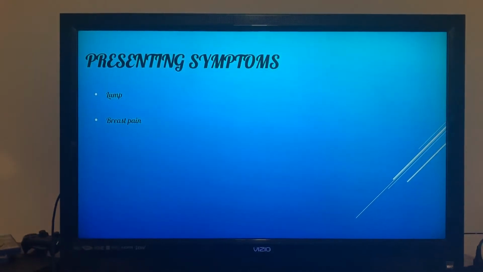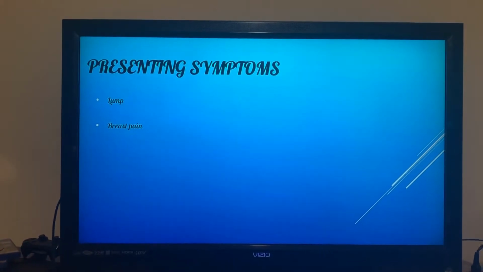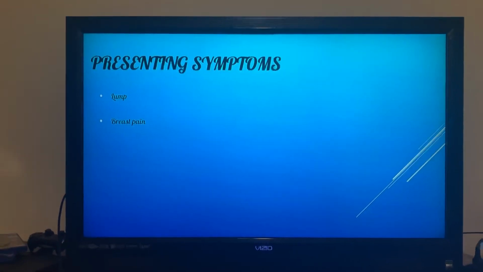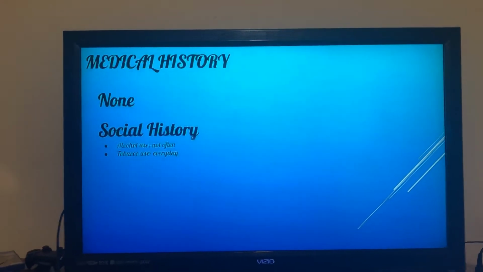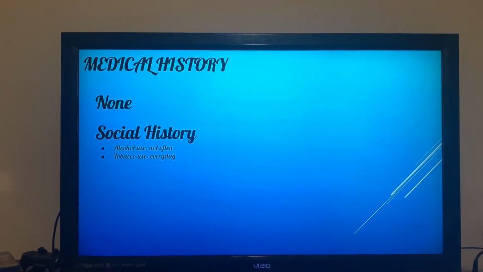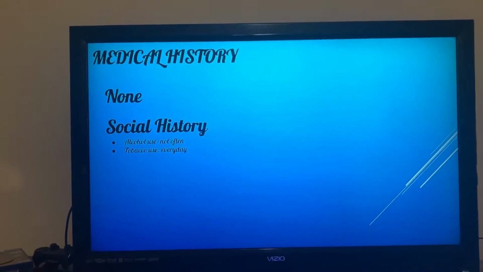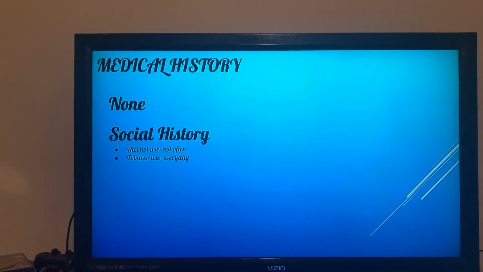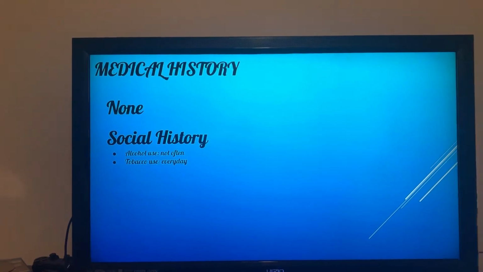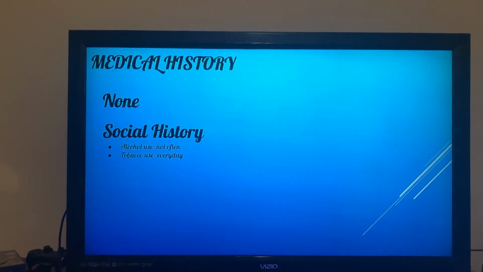My patient's presenting symptom was a lump, and she also had breast pain. She had no medical history on file, but the social history was alcohol use not often and tobacco use every day.